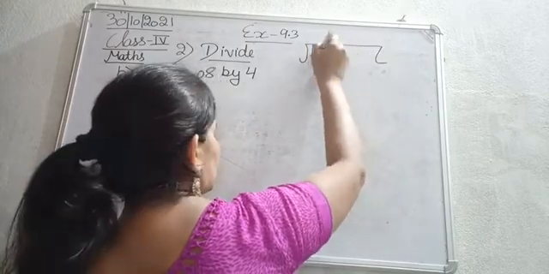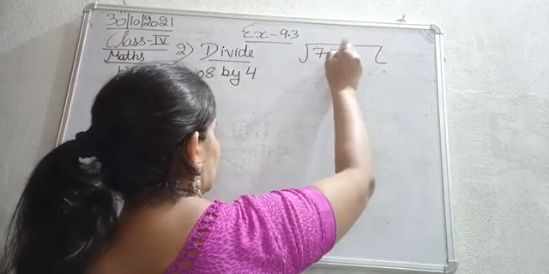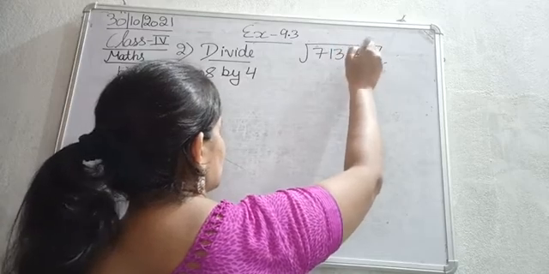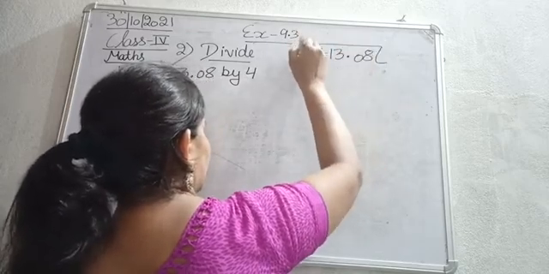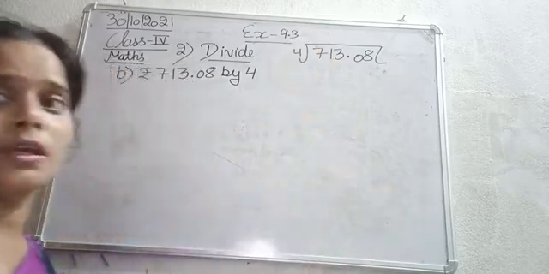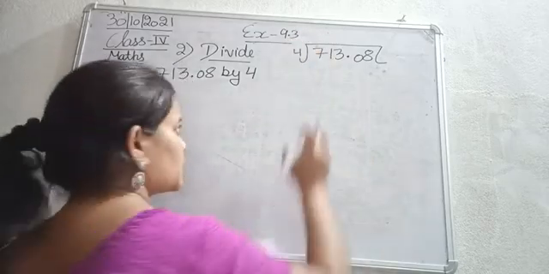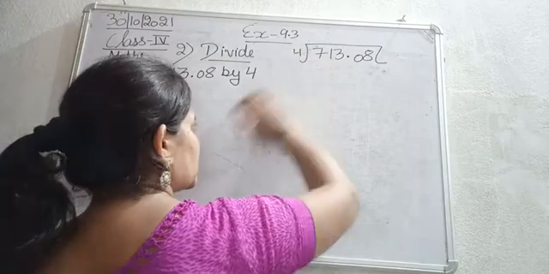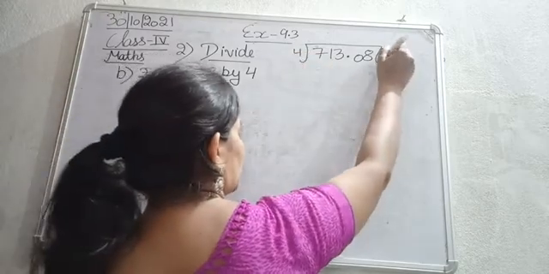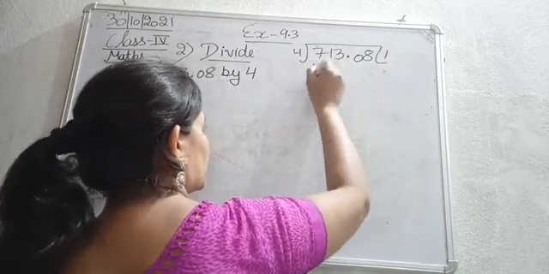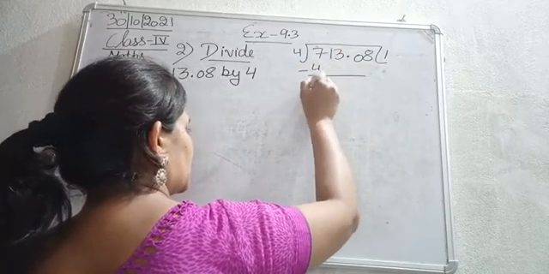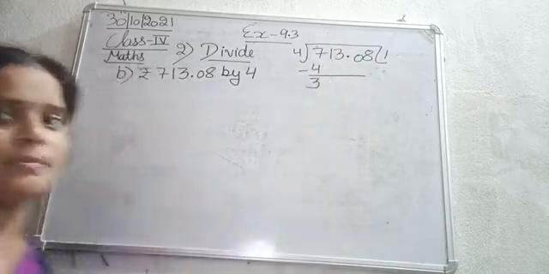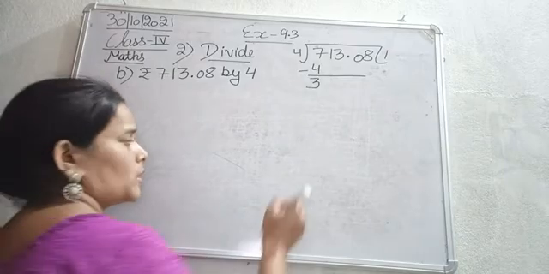That is 713 rupees 8 paise divided by 4. Okay, so just simply divide it. 4 ones are 4. 7 minus 4 is 3.